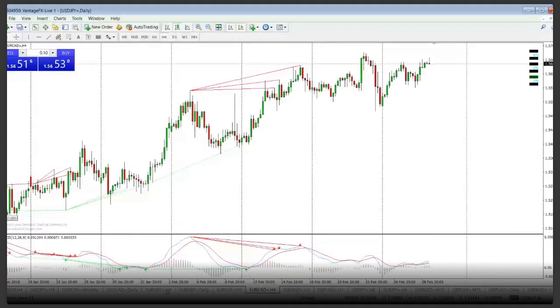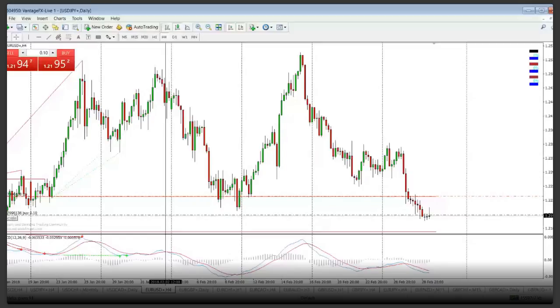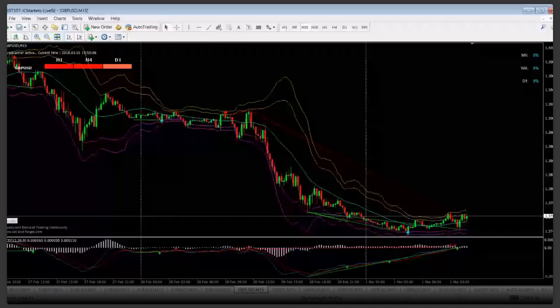I'm going to switch over now and look at the DayTraderX system. I'll be looking to take trades off in the short term. So I'll just switch screens here. Okay, so you can see what I was talking about on the British pound.